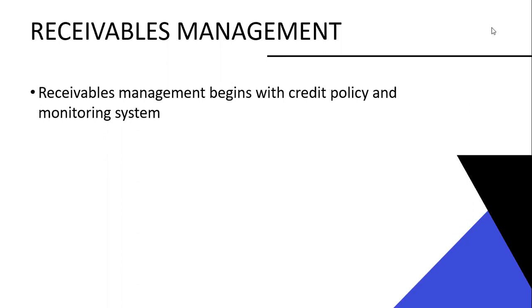So another integral part of working capital is accounts receivable. And here, a couple of things to mention: it's very important for companies to have some sort of a credit policy, which basically means a certain duration during which your receivables need to be received, right?